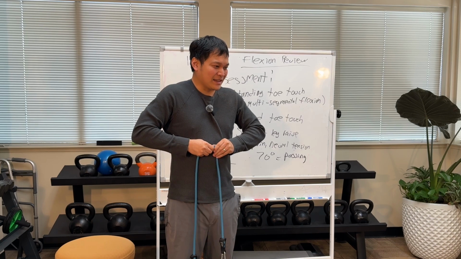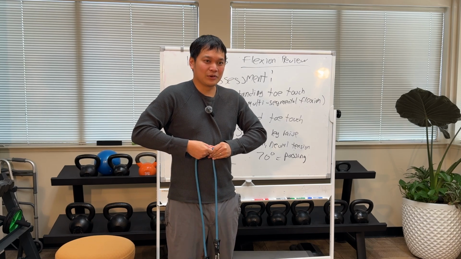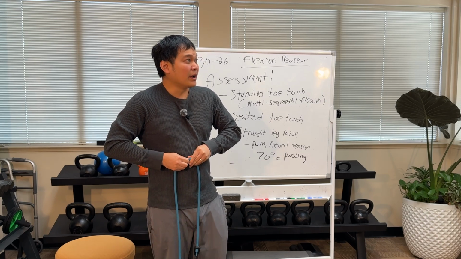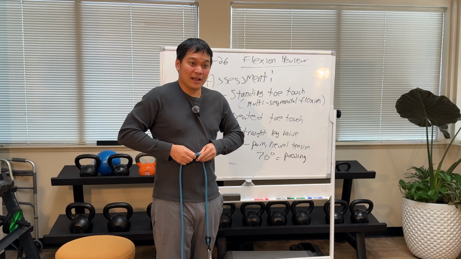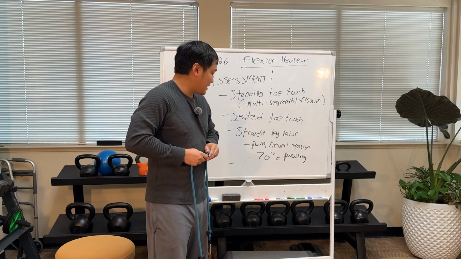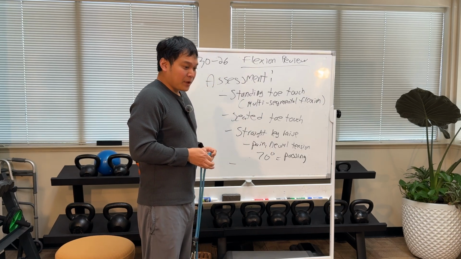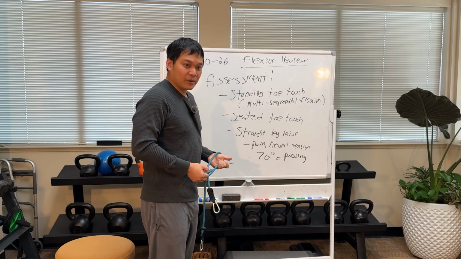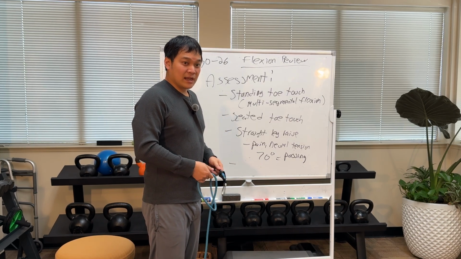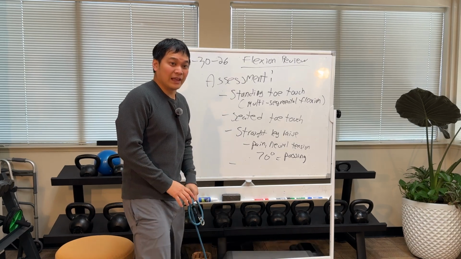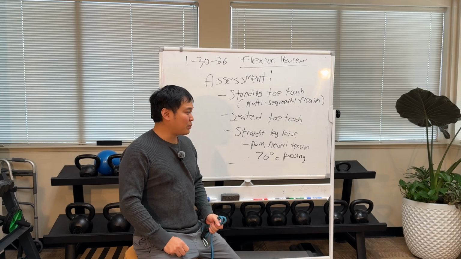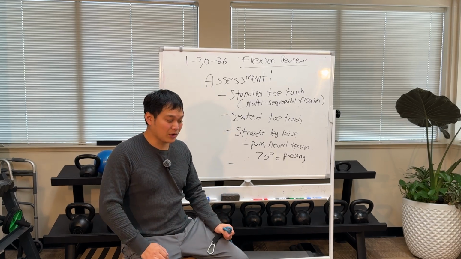For disc cases, yeah, we may see some pretty gnarly asymmetrical straight leg raises. But the answer to fix that is not to crank on their nerve, right? So even if they have a straight leg raise of, let's say, 30 degrees up on the right and 70 degrees up on the left, the solution is not to force the leg to 70 degrees, because you're just going to crank that nerve, you're going to put more pressure on that disc, and it's just not going to go very well.